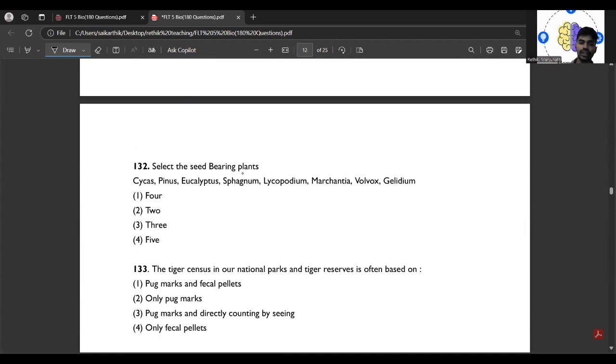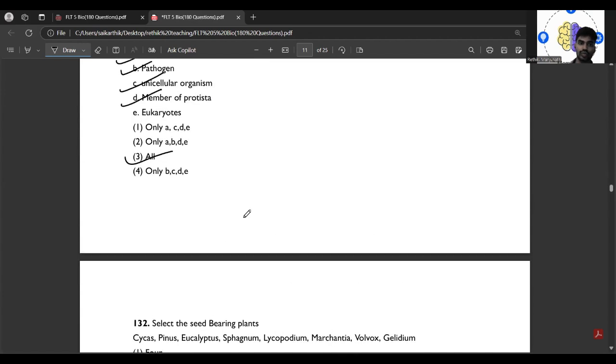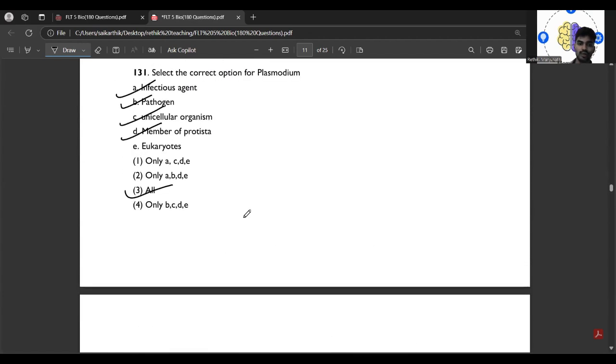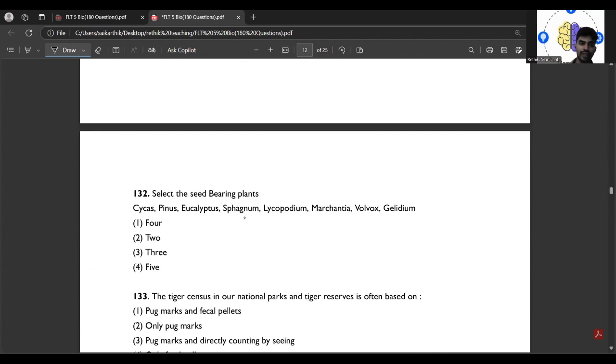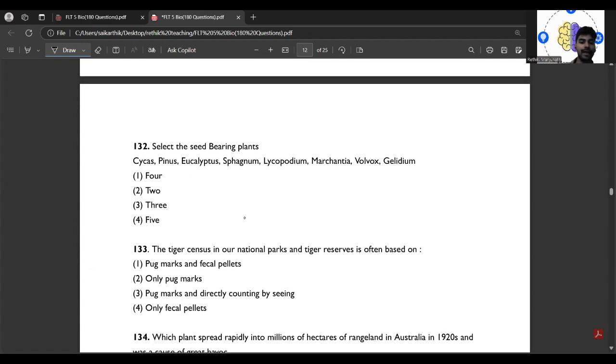Next, 132 is about selecting the seed bearing plants. So which are the seed bearing plants here? Let us see, Cycas and Pinus. They are gymnosperms.